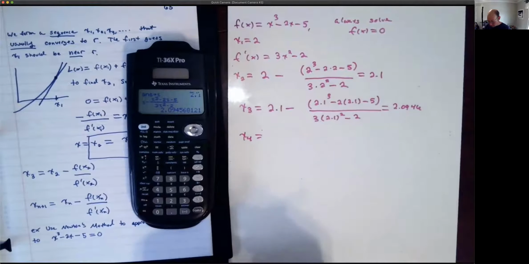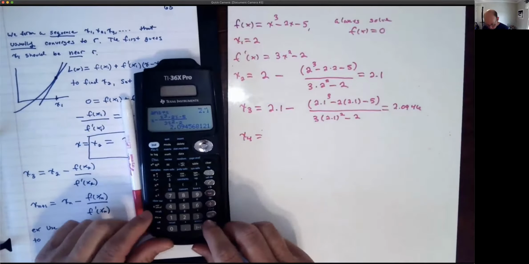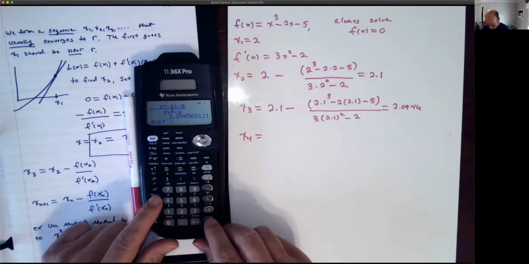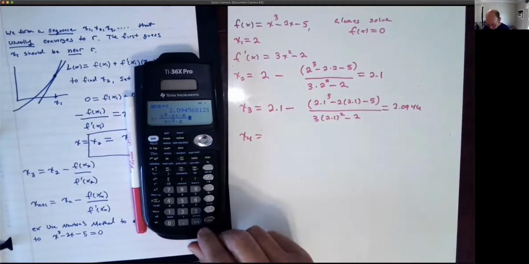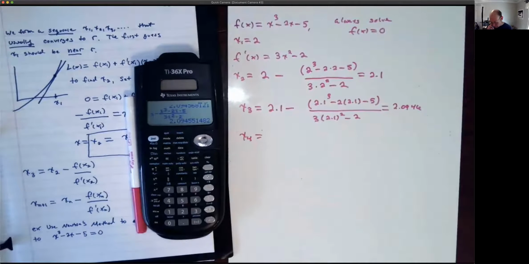So let's do this on the calculator a little more quickly. I'm going to store it into x, and then go back to Newton's formula, and I got 2.09455. It's almost as if I got the same answer.